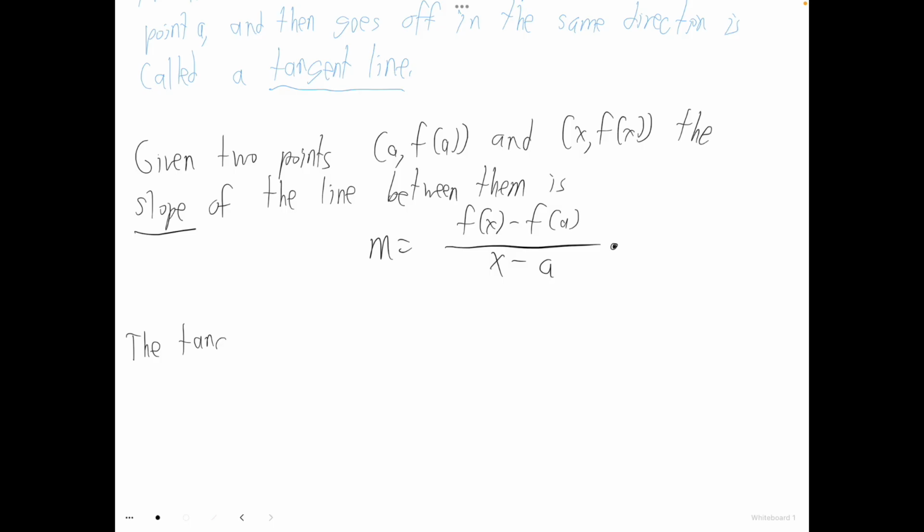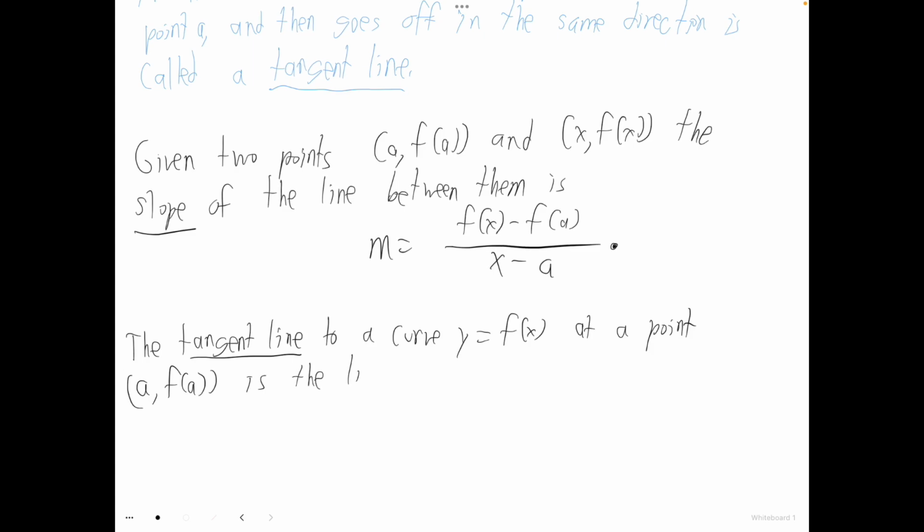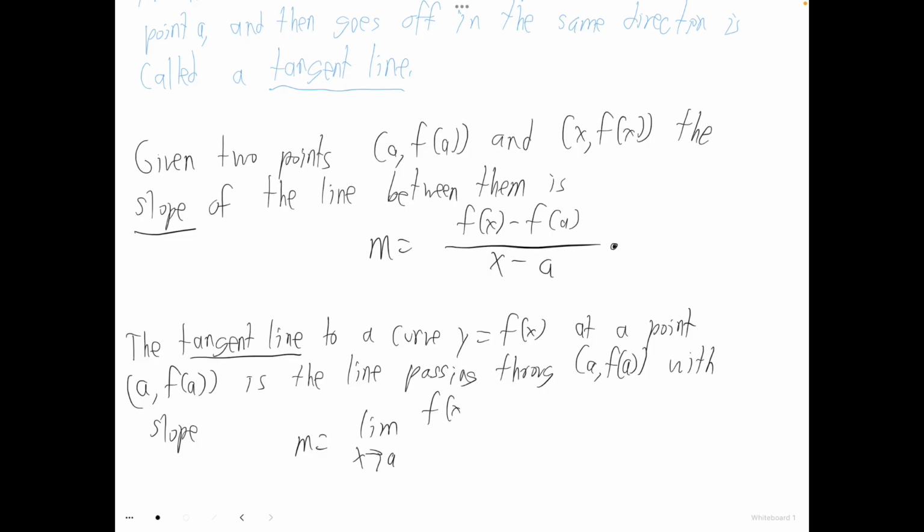The tangent line to a curve y equals f of x at a point a comma f of a is the line passing through a comma f of a with slope m equals the limit as x goes to a of f of x minus f of a divided by x minus a.